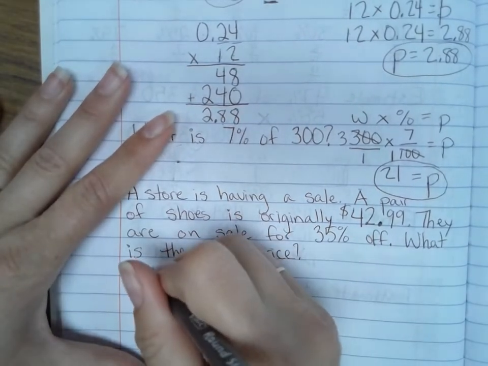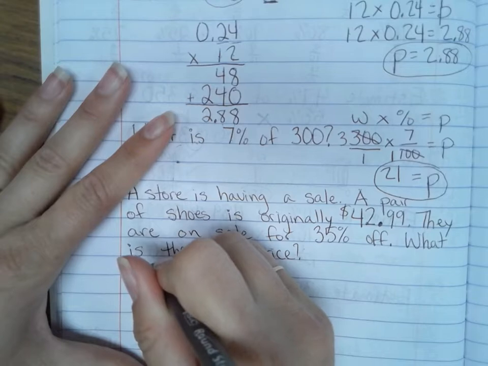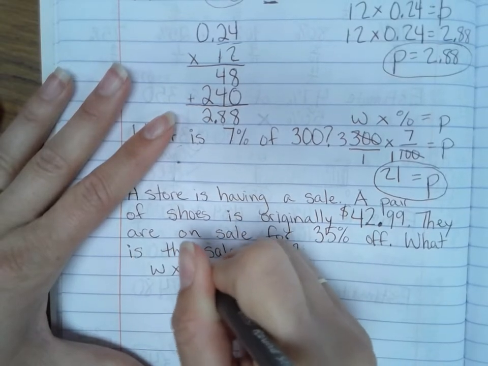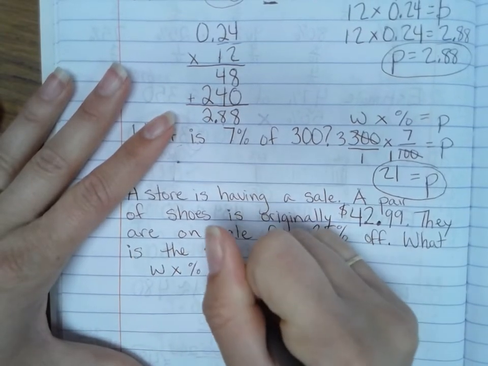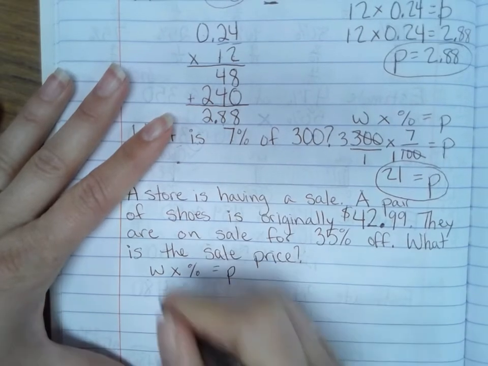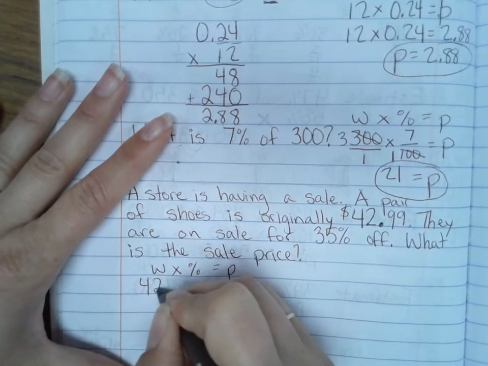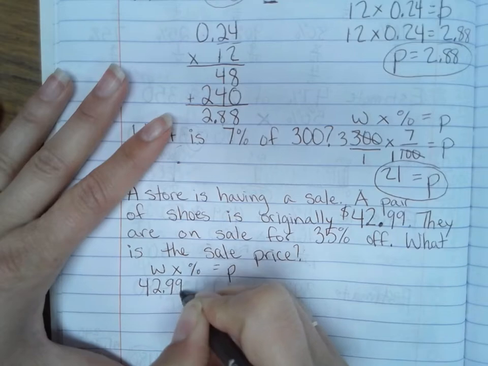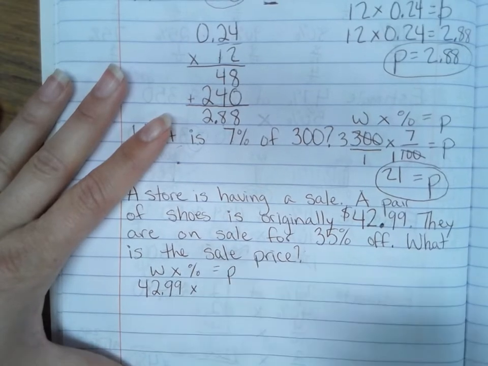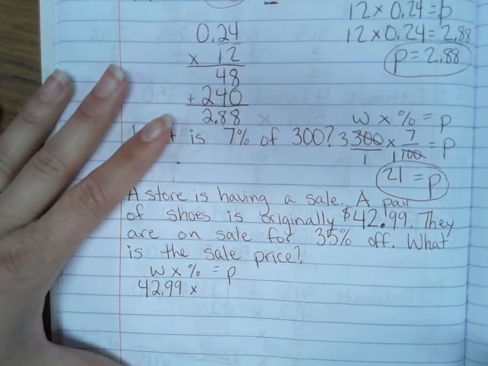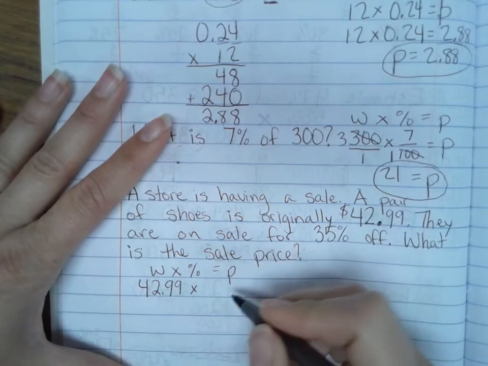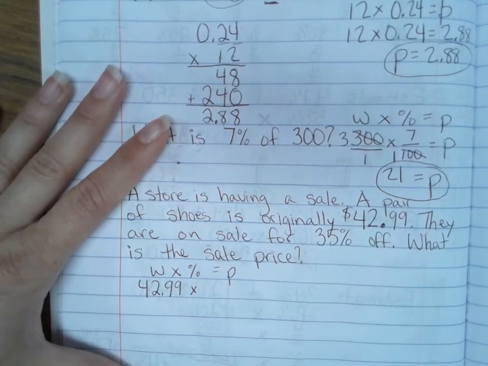Okay, so our percent equation is whole times percent equals part. So my whole price is $42.99 times my percent. In this case, I think the decimal is going to be nicer than the fraction form. Generally, the decimal is easiest, especially when you are able to use a calculator.